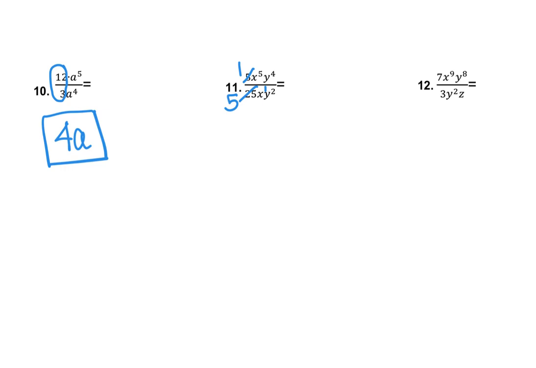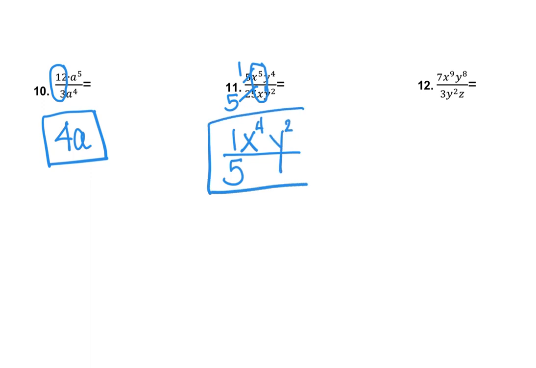So right here, we're going to have a 1 on the top and then a 5 on the bottom. Now, when you go to divide, then x to the 5th divided by x to the 1st, you'll have x to the 4th power, and these are all going to go on the top. And then y to the 4th divided by y squared, again, you're subtracting the exponent, so you'll have y squared.